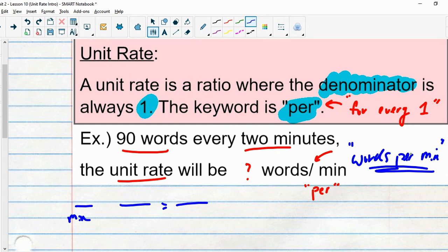The minute is per 1 minute, so 1 has to be at the bottom. Am I clear? Words per minute, minutes at the bottom. So it's words, 2 minutes: 90 words in 2 minutes. How many words per 1 minute?